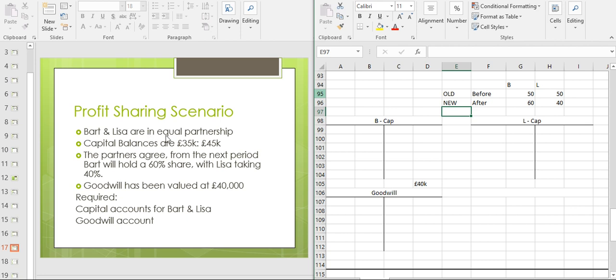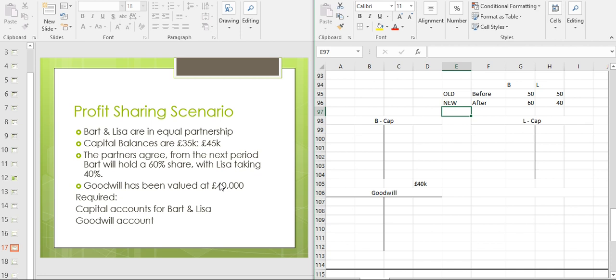So we have Bart and Lisa, equal partnership, 50-50 before. Capital balances are 35 and 45. This doesn't necessarily matter. It is just some figures that I've made up. So we can just put these into the accounts. Doesn't make any difference to this particular question. The partners agree from the next period, Bart is going to have more and Lisa is going to have less. Goodwill is 40.